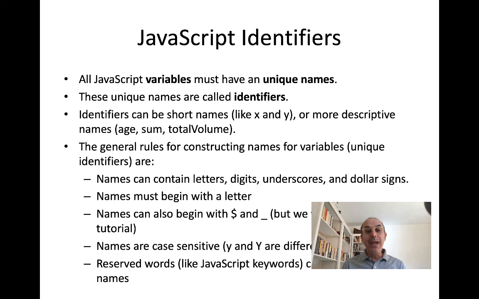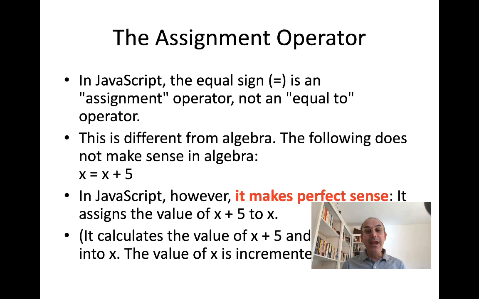But again, I want you to be cautious that if you use the dollar sign or underscore, it might cause a problem. I recommend using lowercase letters, and that will be the safest way to do that.